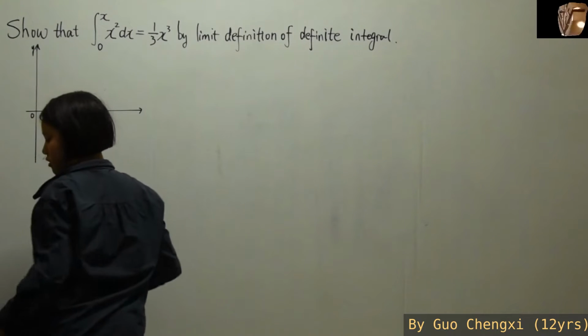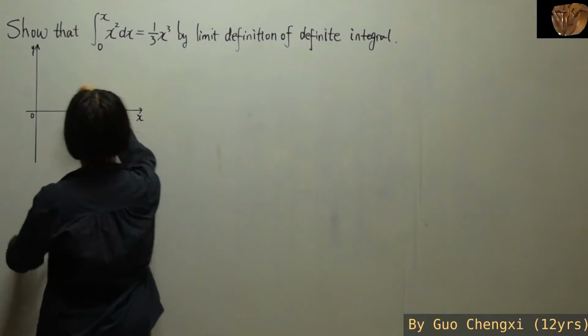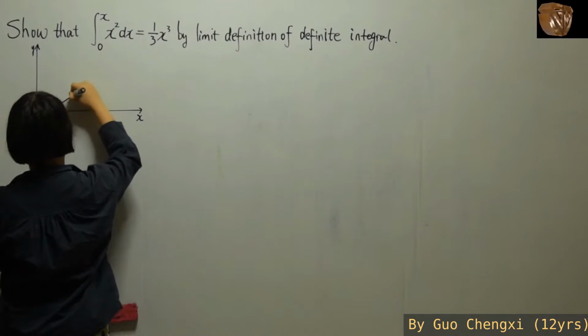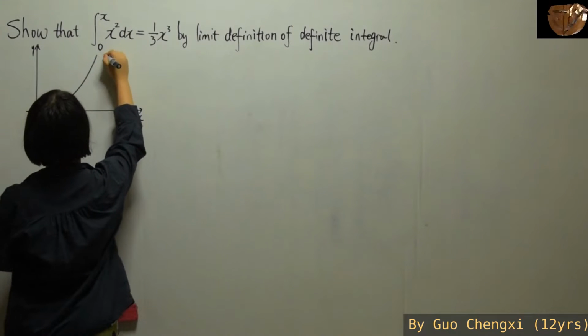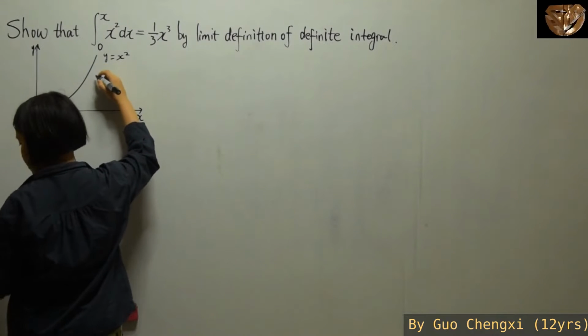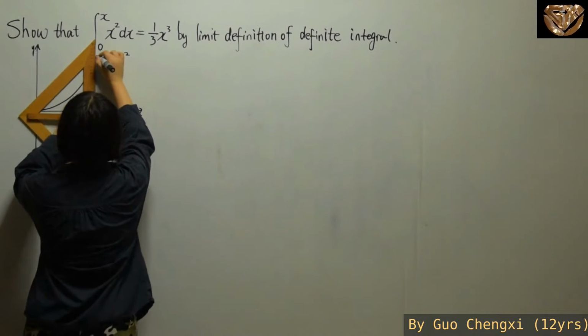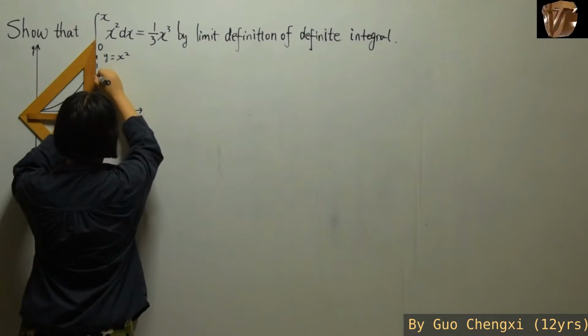So x squared will somewhat look like this, y equals x squared over here. And since our range is 0 to x, we also have our boundary.